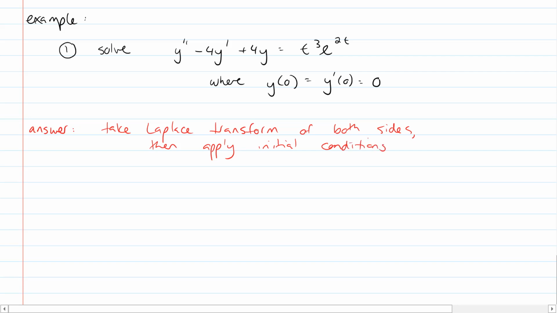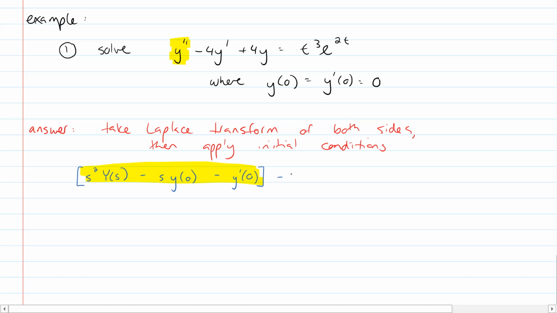To start off, we're going to take the Laplace transform of y double prime. As you recall, if you look at a Laplace transforms table, you're going to get s squared capital Y of s minus sy of 0 minus y prime of 0. And that entire term inside the brackets is y double prime.